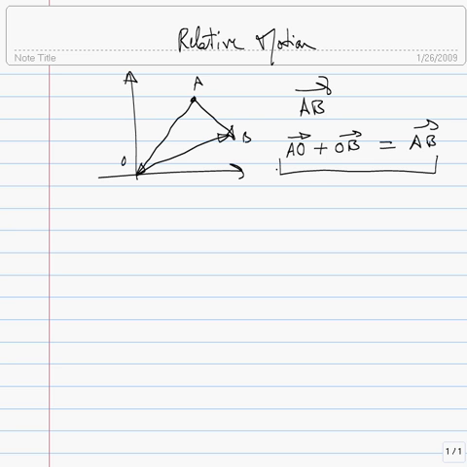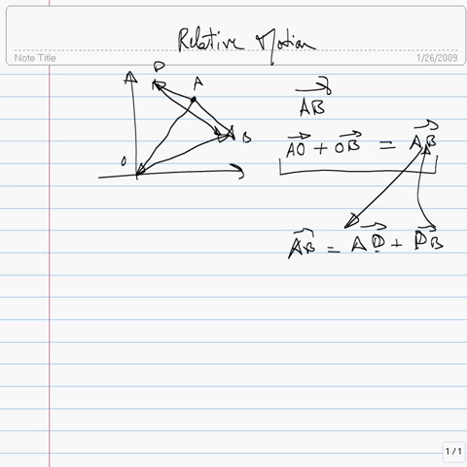This left-hand side is actually nothing different than taking the right-hand side and sticking something in between. So you could go through point O, or you could go through point D. Same thing. This AB can always be decomposed as A blah blah plus blah blah B. In this case, I chose O, but I could have chosen D, or several.